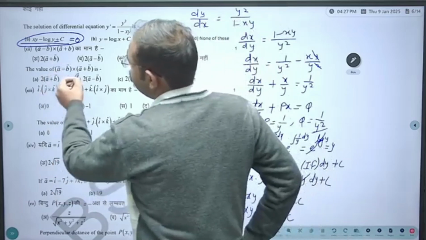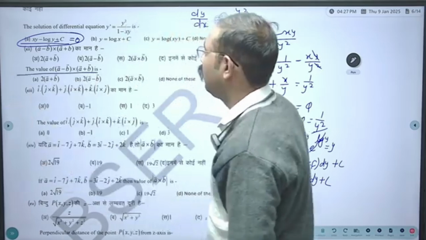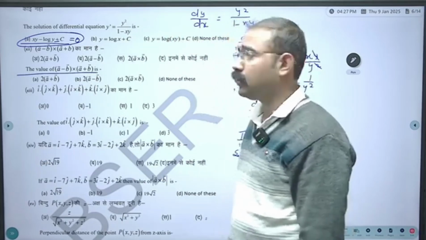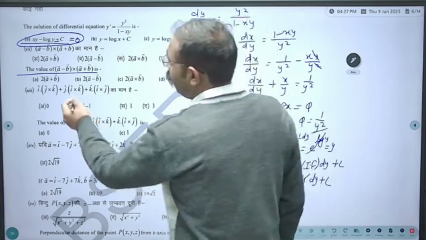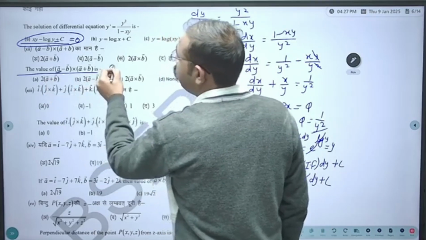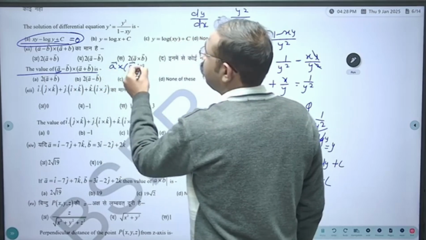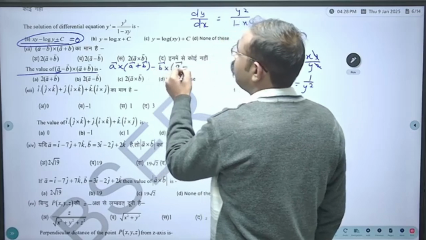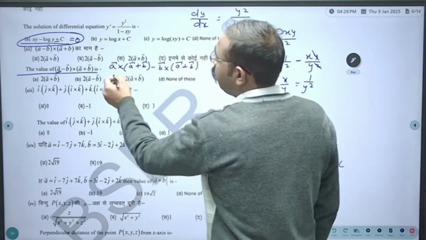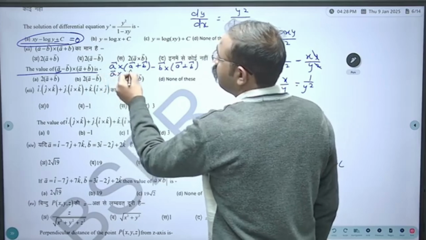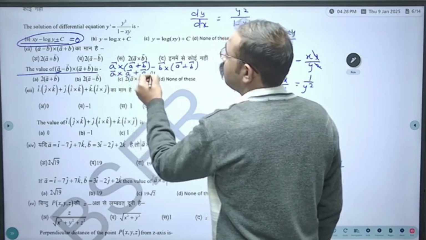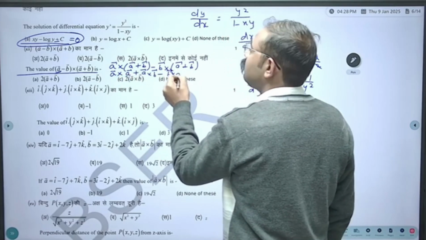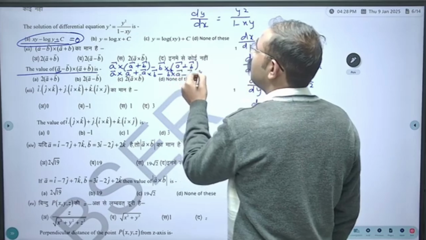Now next is the value of (a minus b) cross (a plus b). a and b are two vectors and their cross product is given. So how to do this? a vector cross (a vector plus b vector) minus b vector cross (a vector plus b vector). Multiplying out: a cross a plus a cross b minus b cross a minus b cross b.